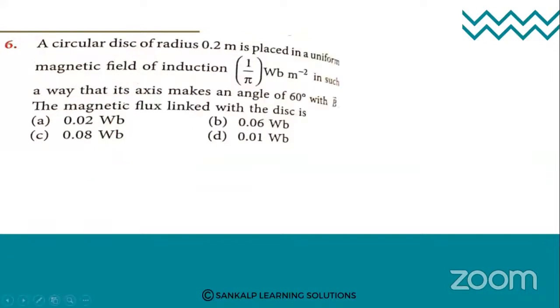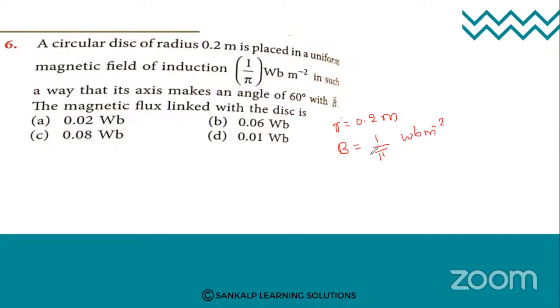Next question. See the next question. A circular disc of radius 0.2 meter. So here you have the circular disc. Its radius is 0.2 meter. It is placed in a uniform magnetic field of induction 1 upon pi Weber per meter square.